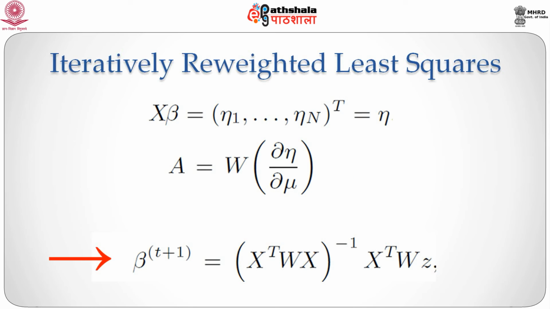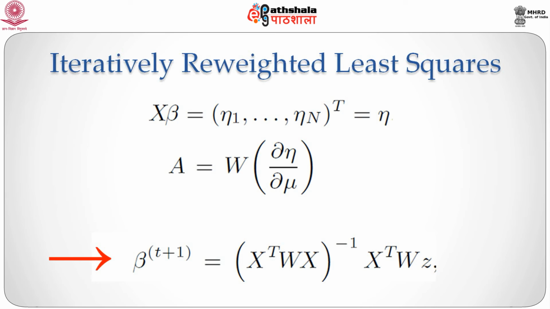How does this help us? Well, note that X beta is actually eta, and if you have found out the matrices A and W, you will see that they are related by the form A is equal to W into d eta d mu.